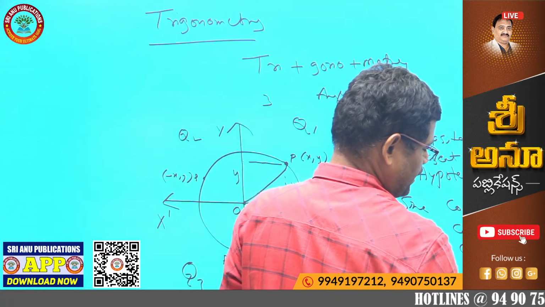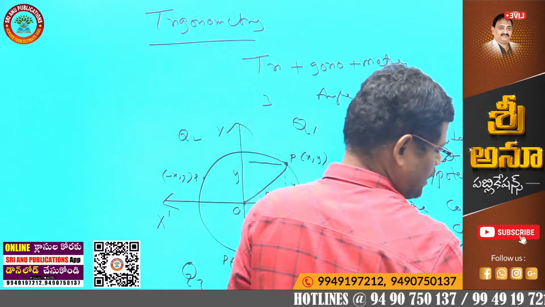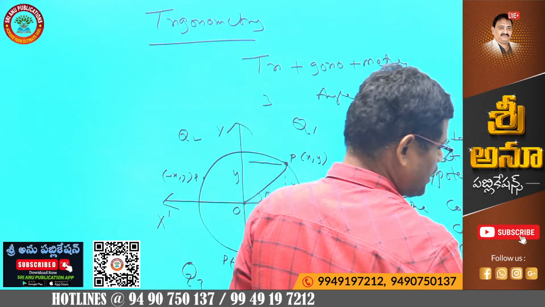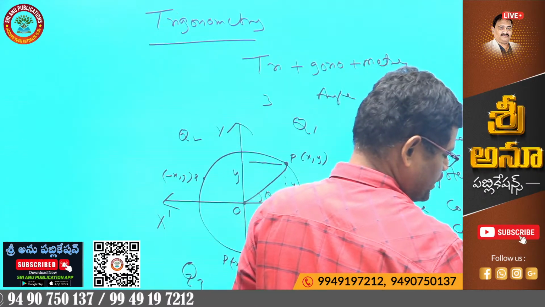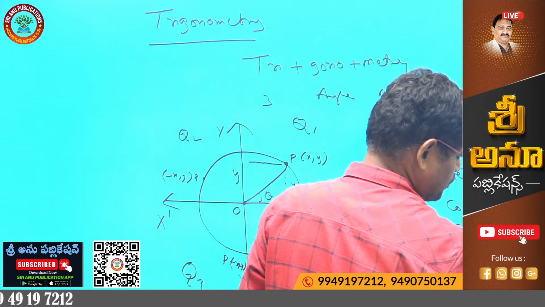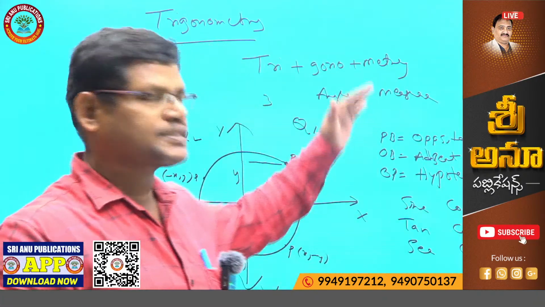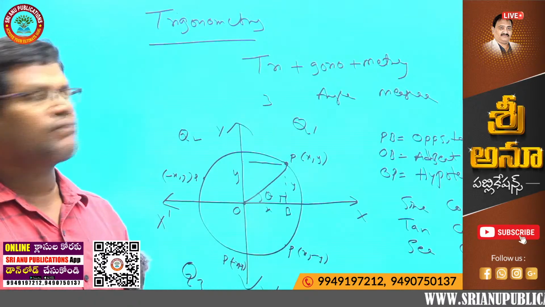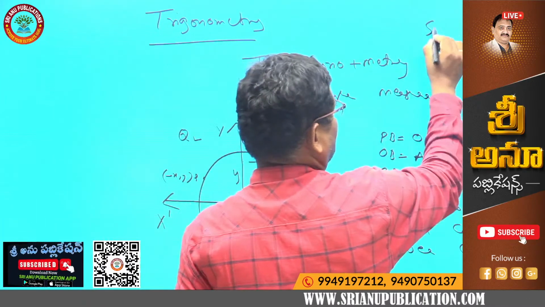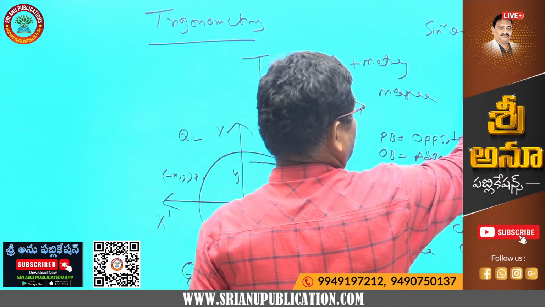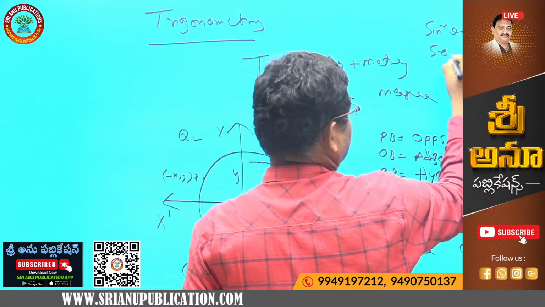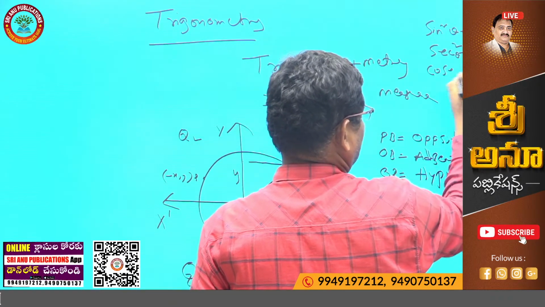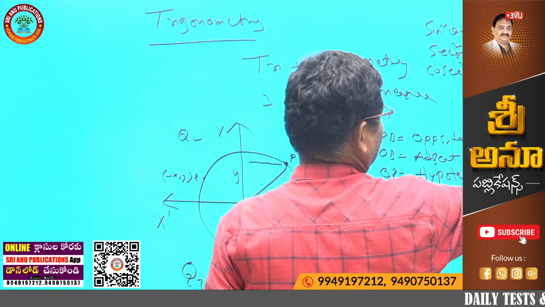Secant is the reciprocal of cos, hypotenuse by adjacent, and cosecant is the reciprocal of sine, hypotenuse by opposite side. We have the relations between them: sine square theta plus cos square theta equals 1, secant square theta minus tan square theta equals 1, and cosecant square theta minus cot square theta equals 1.